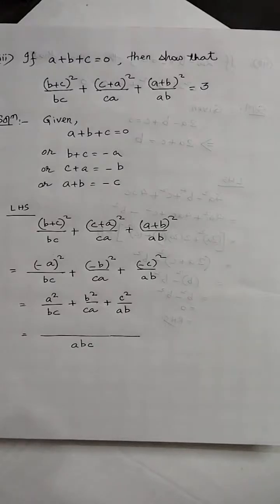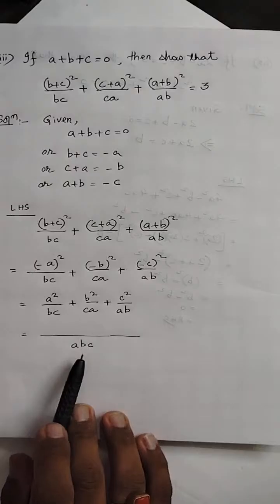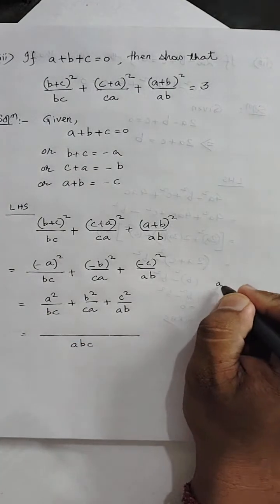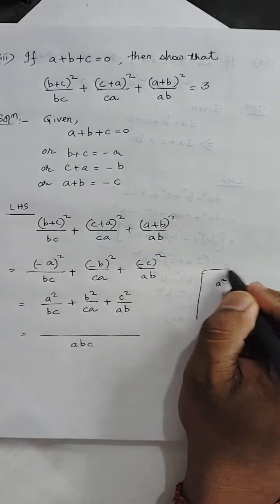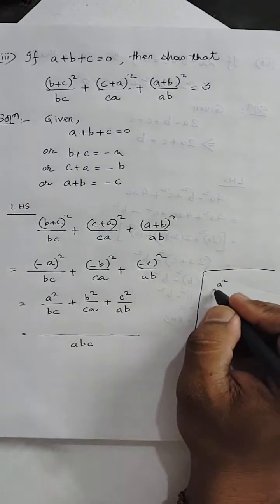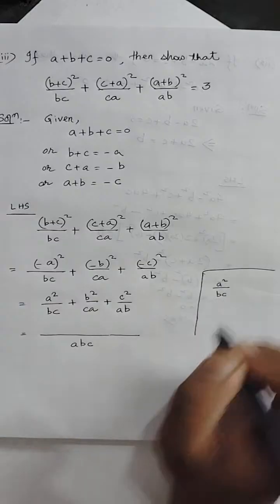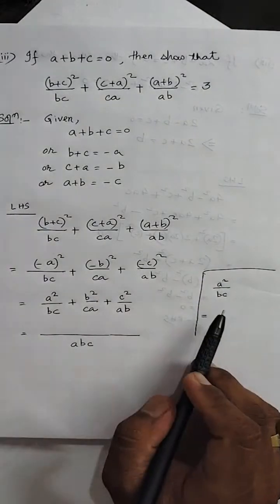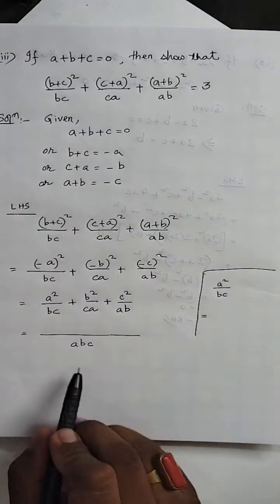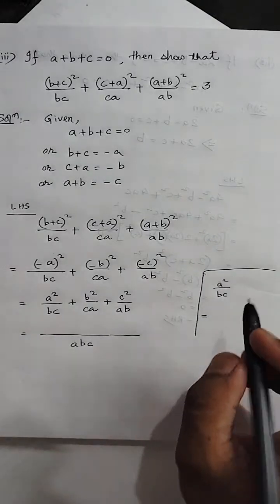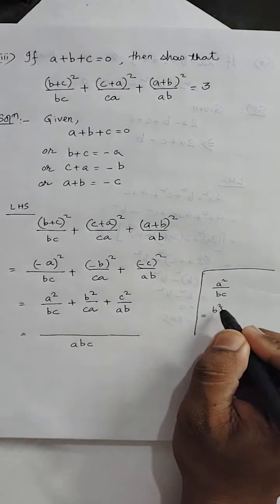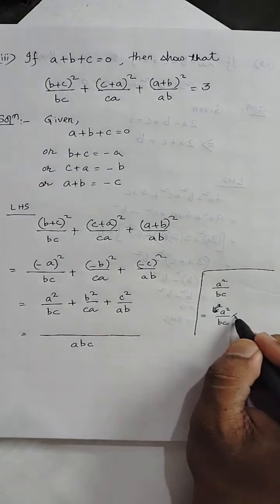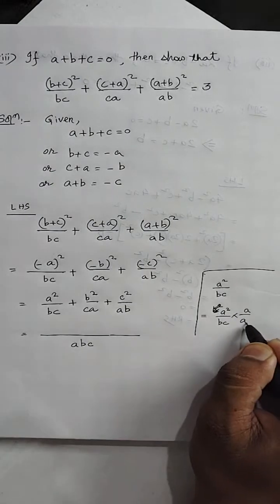Most students get confused here. So we have ABC, that means I'm just taking one of the terms. Okay, a square. So this is rough work. So we have a square by BC. So if this is a square by BC, and if we want to convert the denominator to ABC, we have to multiply the numerator and denominator by a.